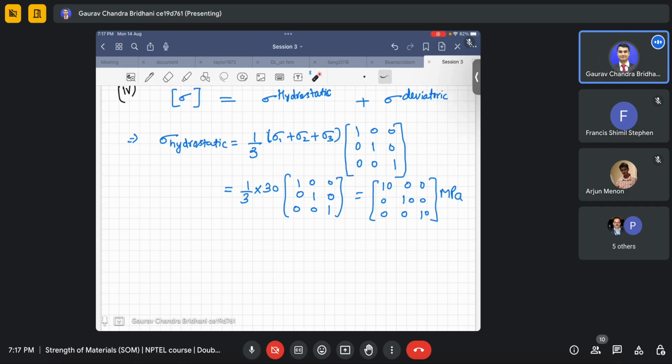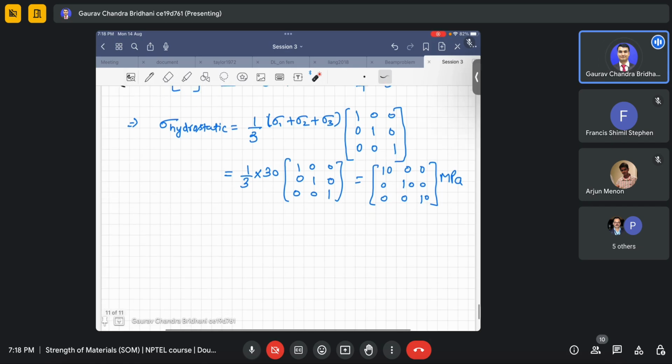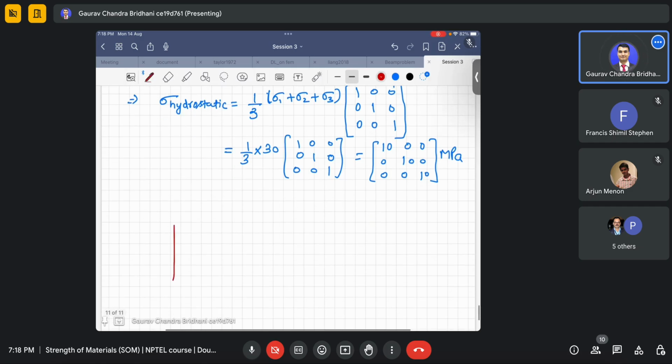Okay, so a very good example of this kind will be, suppose in civil or mechanical engineering, there is a cube of concrete or some brick. Okay, so suppose there is some brick kind of thing, or some cuboid kind of thing, sorry.